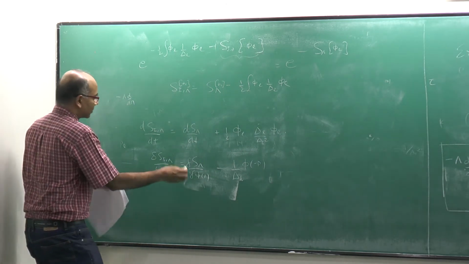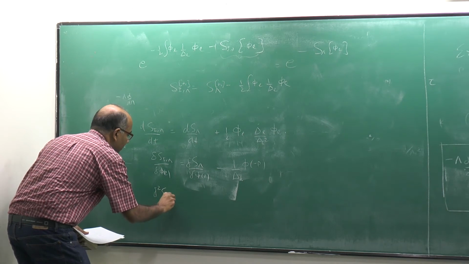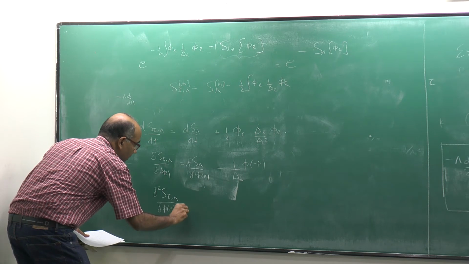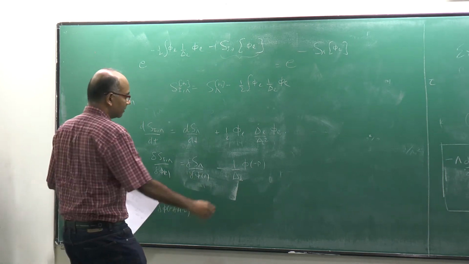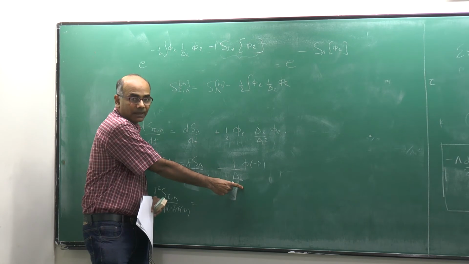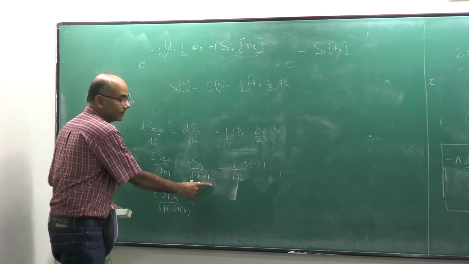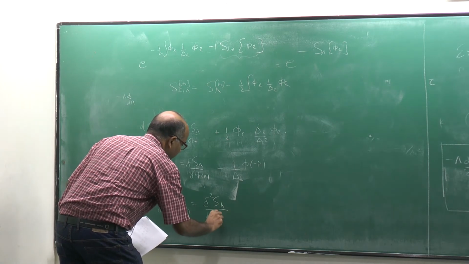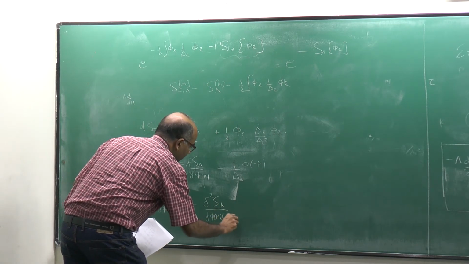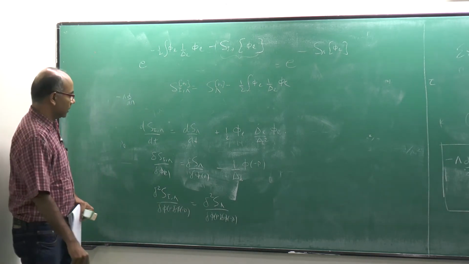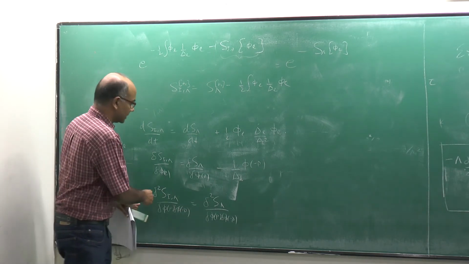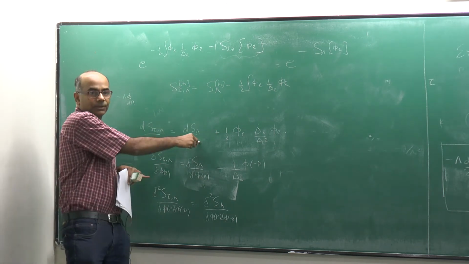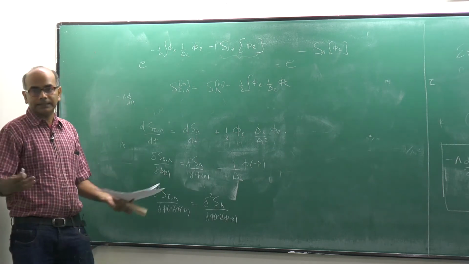And this will come twice, and then the second derivative acting on this twice will give me a field independent part, which is not interesting, and the second derivative of this. So you can substitute this and that into that equation for the right hand side, and for the left hand side you substitute this, and you get an equation for the whole action.